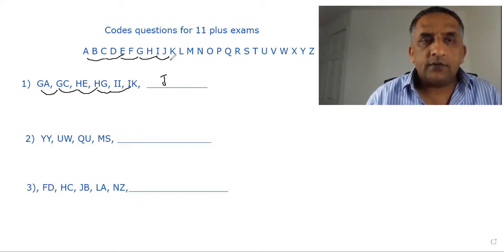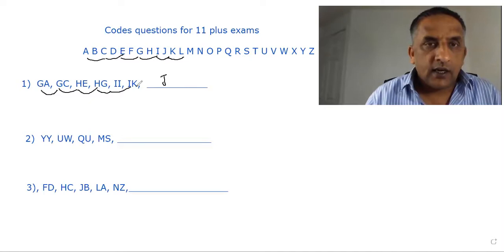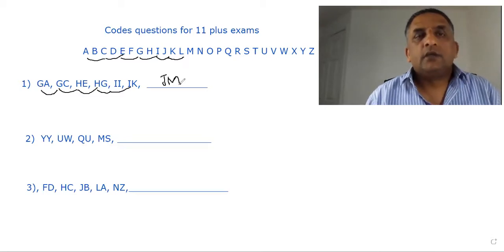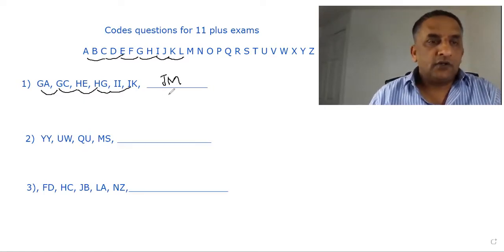So the second one is K, and from K, the next letter with a gap of 1 is M. So it will be M. So this is how, there was a gap of 1 in the previous letters. There was no gap at all in the first.